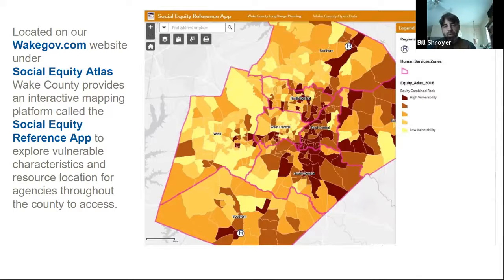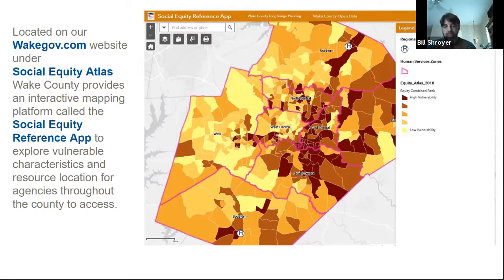To take it a step further, in order to allow for some interaction, which everybody can access off of our wakegov.com site under Social Equity Atlas, I took the two indexes that we created, the community vulnerability and the economic health, combined those scores, and re-ranked them 1 through 455 to get an overall view of what the equity is in both of those components.